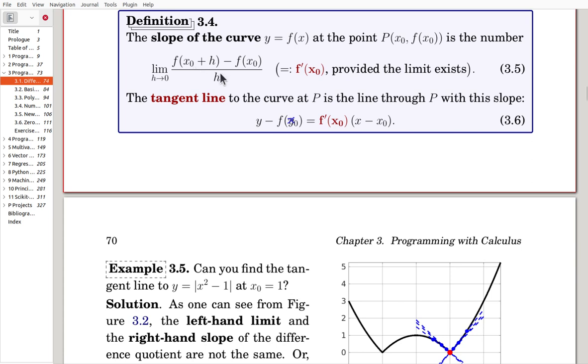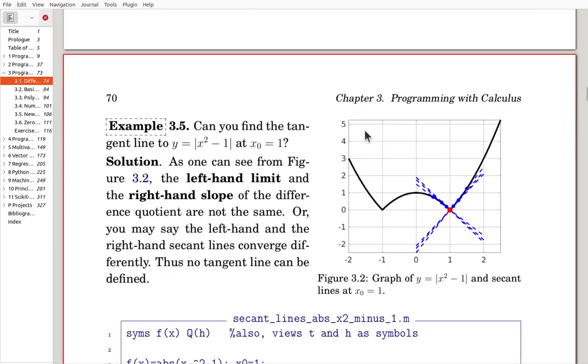The existence of the limit means that the limit from the left side and the limit from the right side both exist and they are the same. But for this function at 1, if you measure the limit from the left-hand side, then the slope must be around this one. And if you measure from the right side, the slope must be around this one, so that they are not the same.